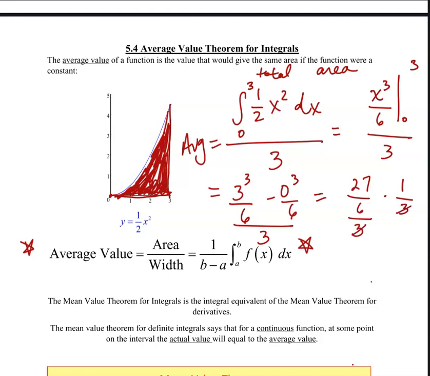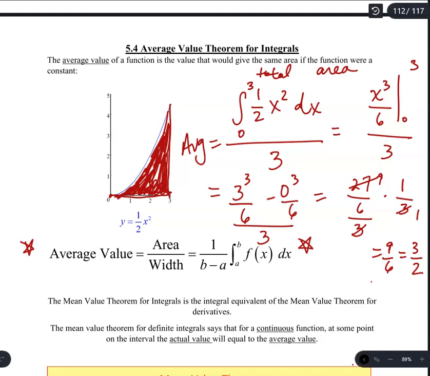Let me reduce this out. That'd go 1, so that would go 9. So this gives me 9 over 6, which simplifies to 3 over 2.